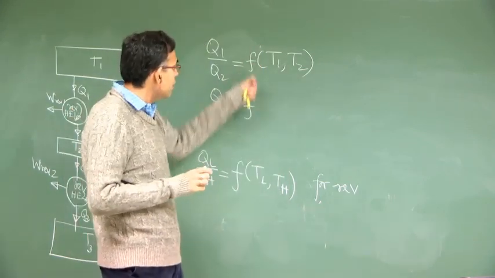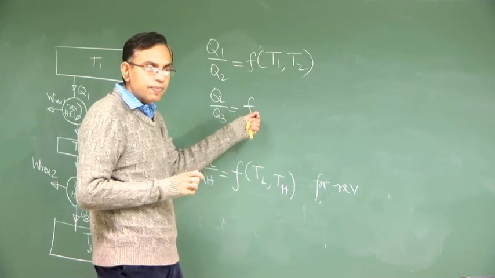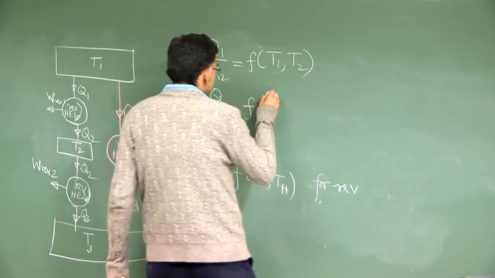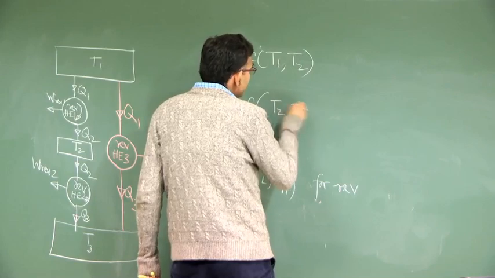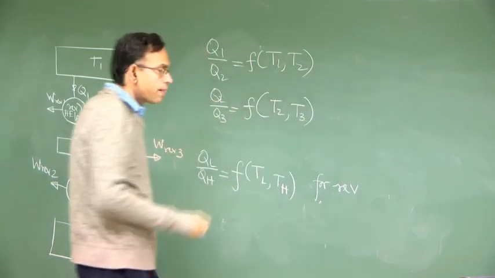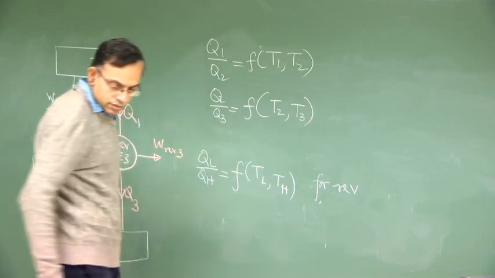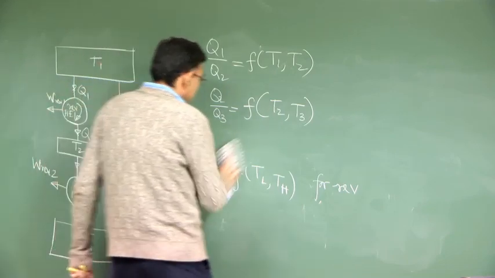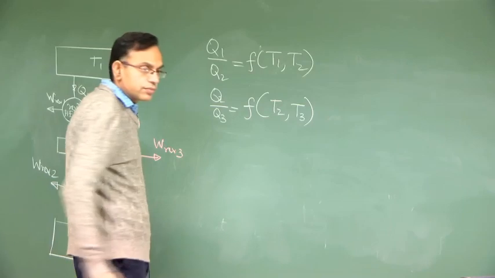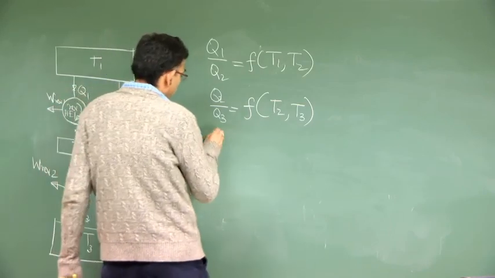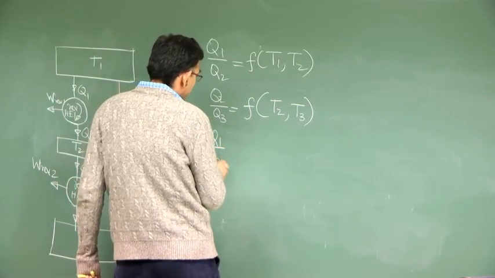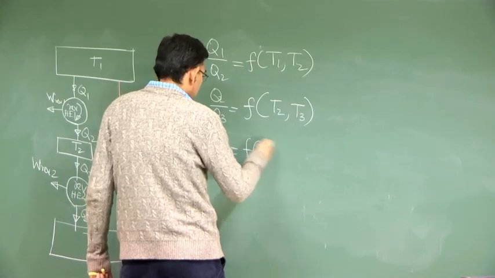So, the same function f, not another function g. So, this f T2 T3 and Q1 by Q3 is f T1 T3.